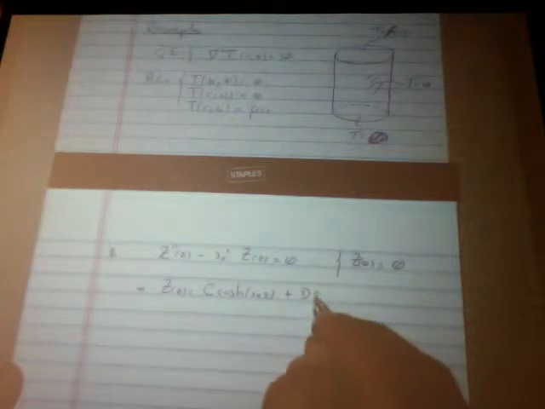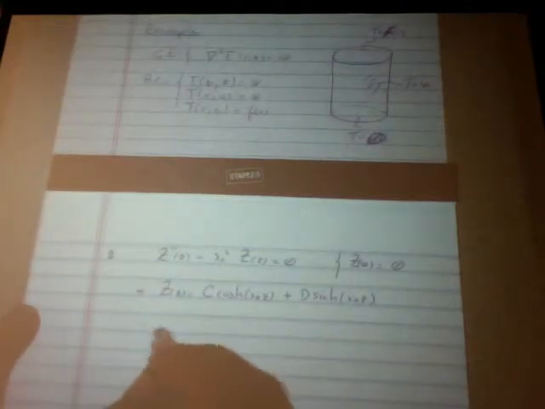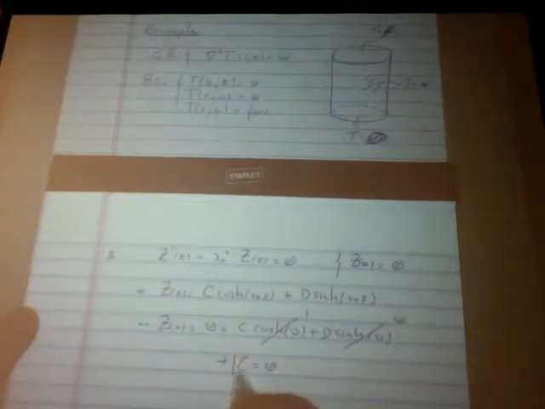The solution of this equation, because of the minus sign, is cosine hyperbolic and sine hyperbolic: C cosine hyperbolic of lambda n z plus D sine hyperbolic of lambda n z, such that Z at 0 is equal to 0 is equal to C times the cosine hyperbolic of 0 plus D times the sine hyperbolic of 0. This is 1, this is 0, and therefore we get that C is equal to 0.